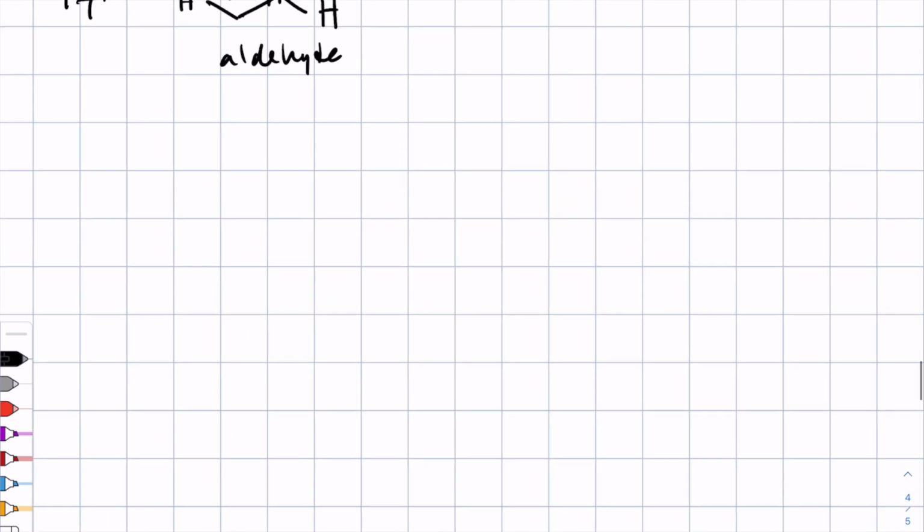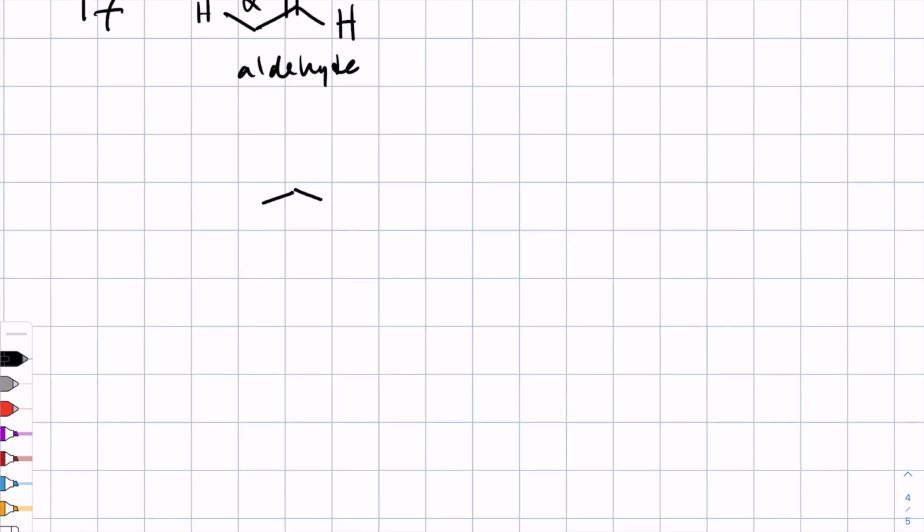So let me just show you a couple other ketones or carbonyl derivatives that have especially acidic pKa's. If you make a dicarbonyl compound, what I'm showing you here is called a beta diester.